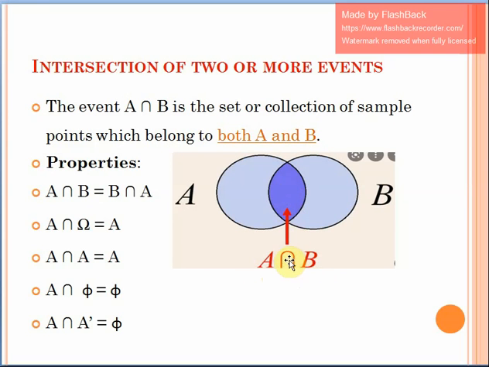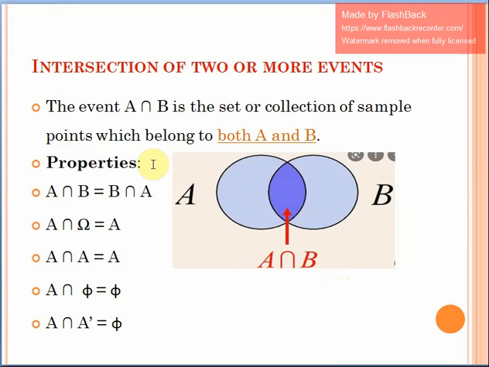I have shown this A intersection B. This is the arrow and this is the area. This area represents A intersection B. And what are the properties of the intersection of two or more events?